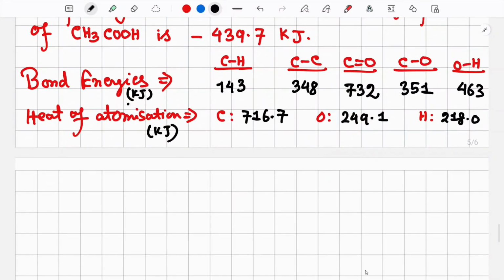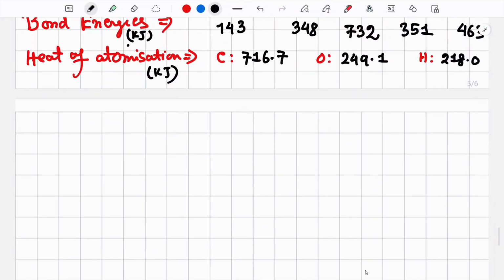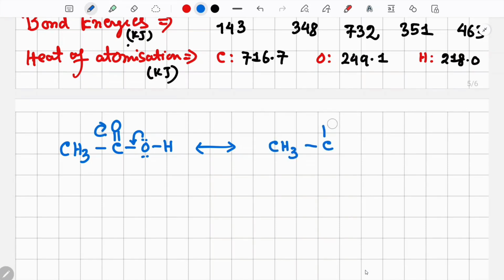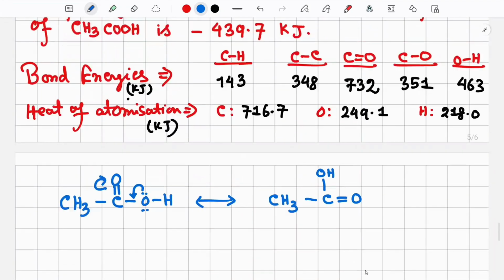Let me draw the structure of acetic acid. This is CH3COOH, correct? And another structure will be this. These two structures are equivalent, right? So no bond is changing. But you have this.